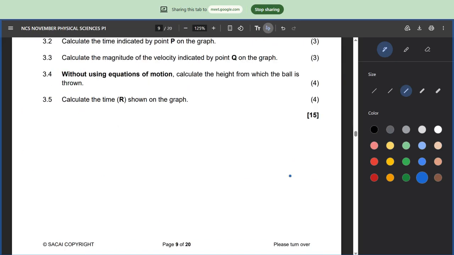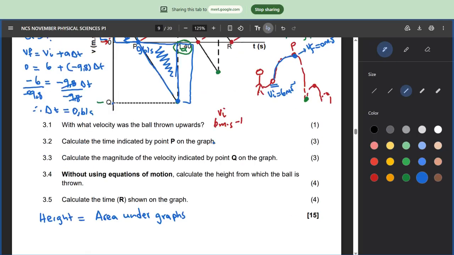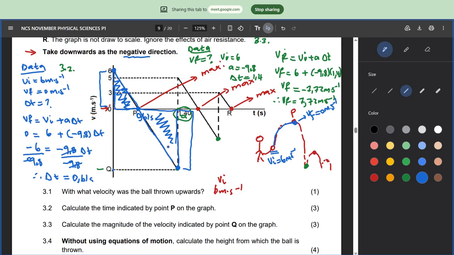So we're going to say the height is equal to the area under the graph. But we have two triangles now, so we're going to add two of them. I'm not sure if you want me to name them.